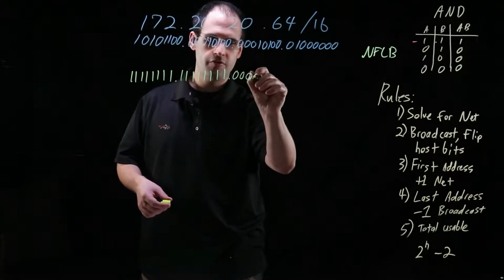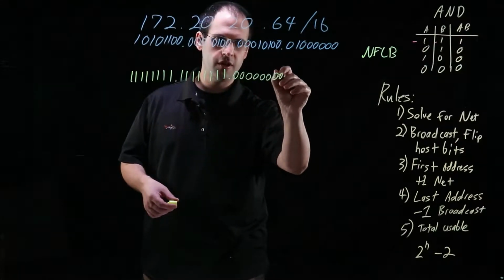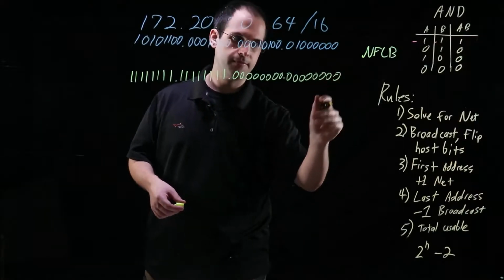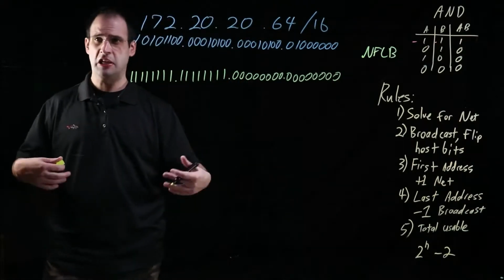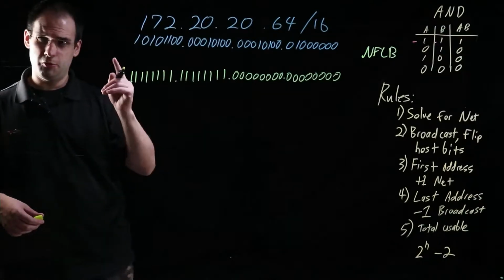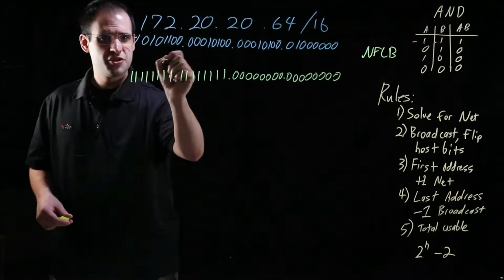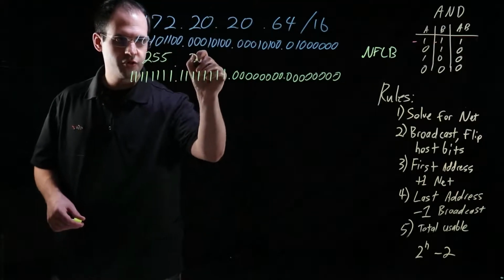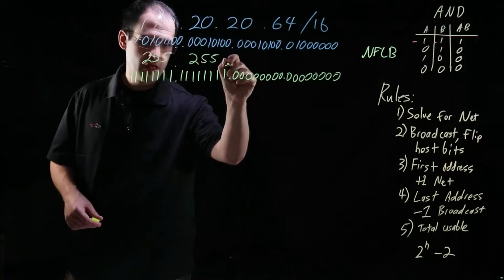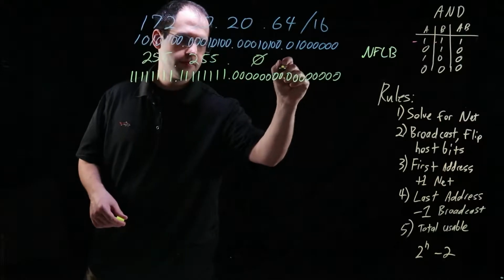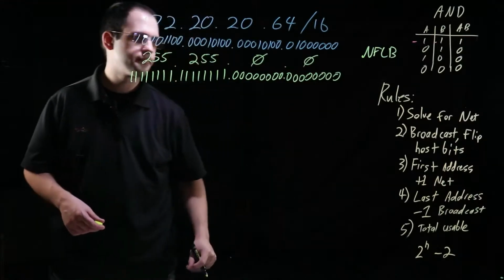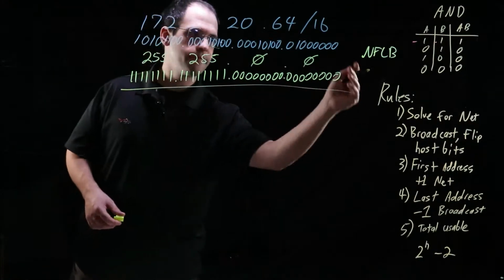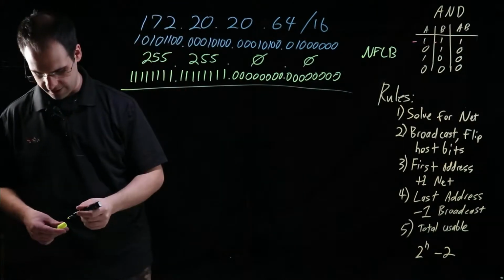Then 8 zeros, and 8 more zeros. It gets tedious writing this out, but it works every time. That gives 255.255.0.0.